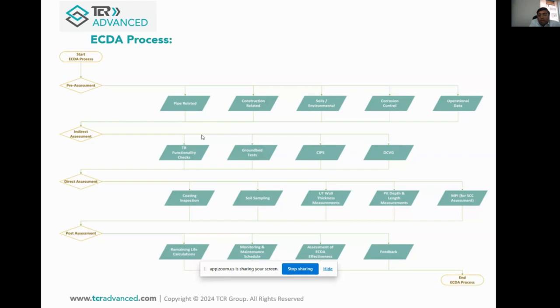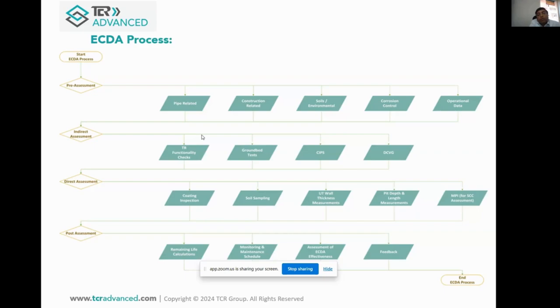For indirect assessment, we can check the functionality of cathodic protection, do monitoring, maintenance, TR functionality checks, and ground bed tests. Then we have coating integrity surveys like CIPS, DCVG, CAT, ACVG, and then interference surveys like AC interference and DC interference surveys.